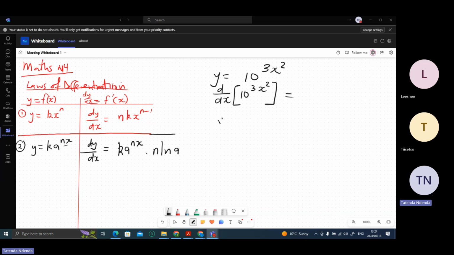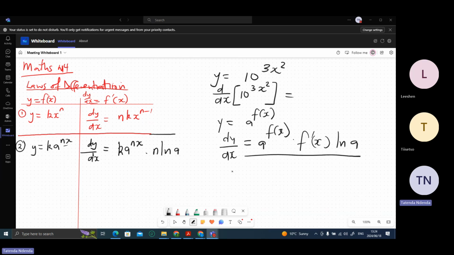So we know that if y is equal to a to the power function of x, we know that dy over dx is equal to a to the power function of x multiplied by the derivative of the function of x, times ln a. So Mr. Lishin, in this case, what is our function of x in this equation? Function of x.